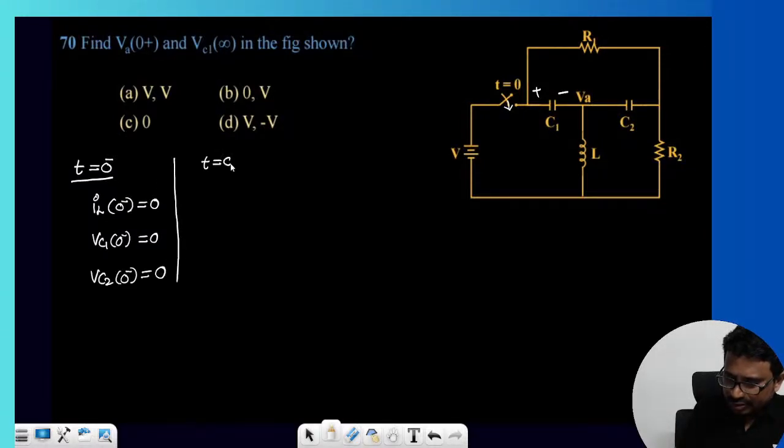Now for t equal to 0 plus, in the transient state, let's redraw the circuit. Now the switch is closed.